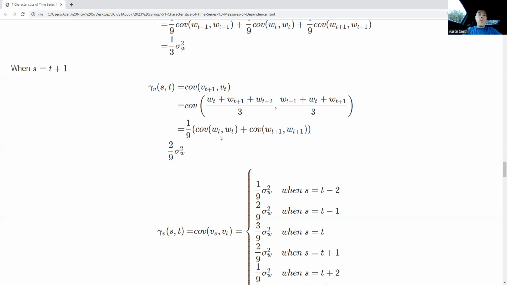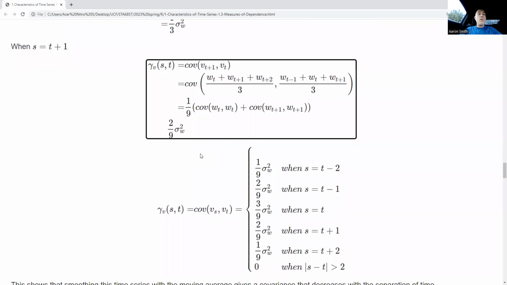So the only time the white noise time series contributes a non-zero covariance is when the subscripts match up. See, I've got t, t and t plus 1, t plus 1. And then I do my calculation, boom, I've got it.